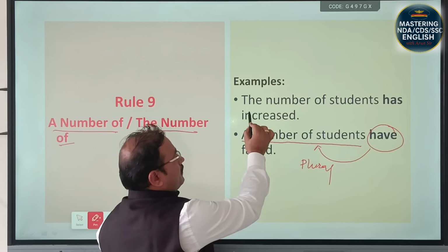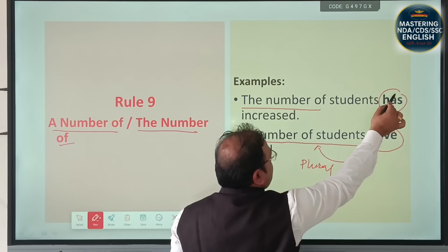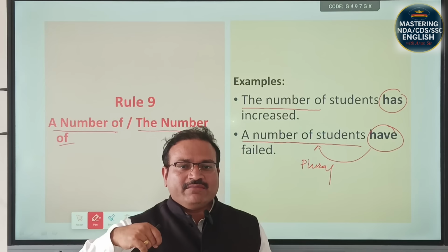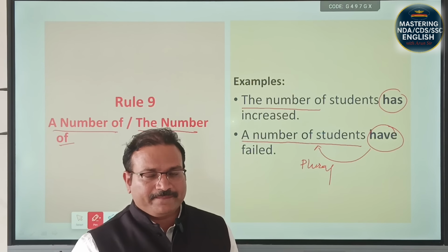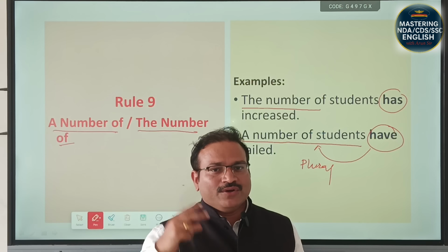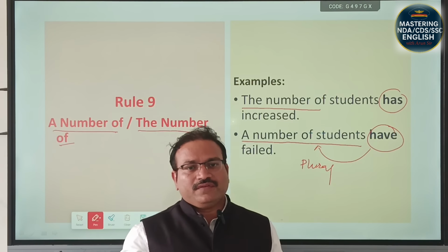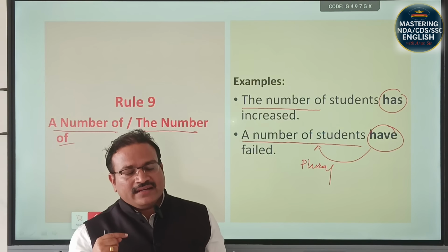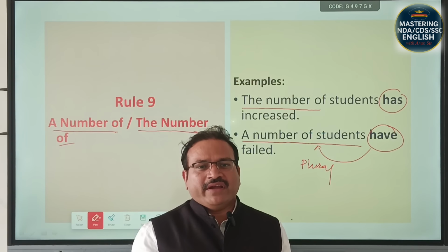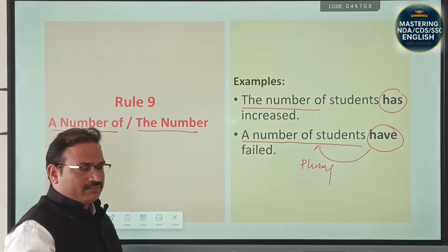And the number of phrase is singular. Why? Suppose if I say the number of students in my class is 35. So 35 is a single number. So singular verb. So the number of is singular and a number of is plural. This is how you have to keep in mind. A number of plural and the number of singular.